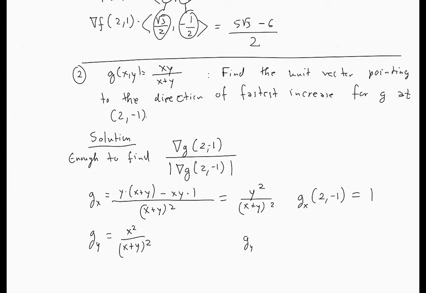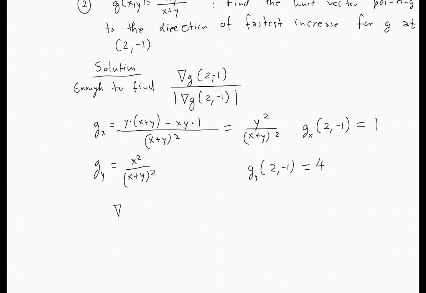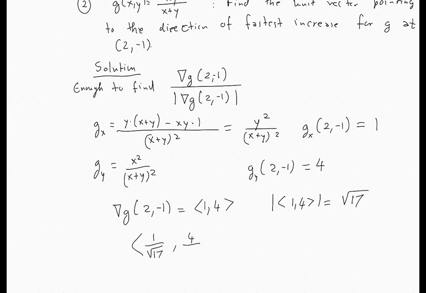Okay, so our gradient is the vector 1, 4. If we normalize it, its magnitude is square root of 1 squared plus 4 squared, which is square root of 17. So what we're looking for is the normalization of 1, 4, and that's it.